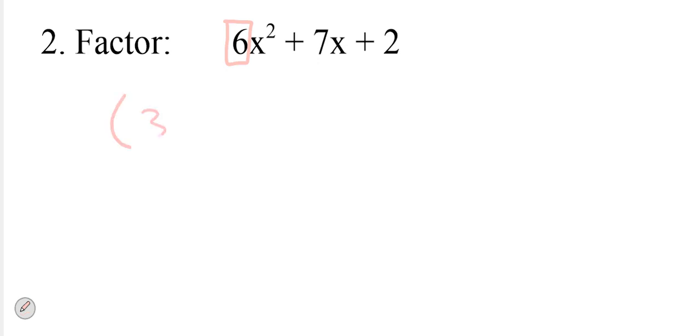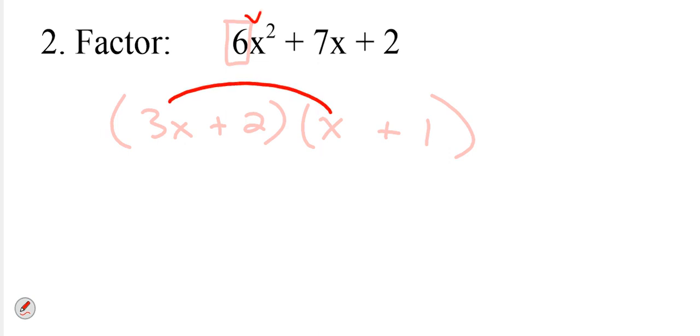Let's put the 2 here and the 1 here. Every time you guess and check, you already set it up so the 3x times the x gave us 6x squared, and the 2 times the 1 gave us the 2. We don't need to check on that when we're doing the guess and check.